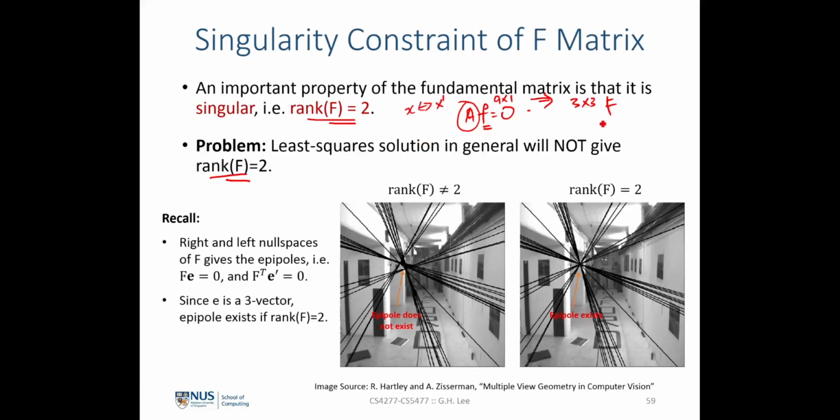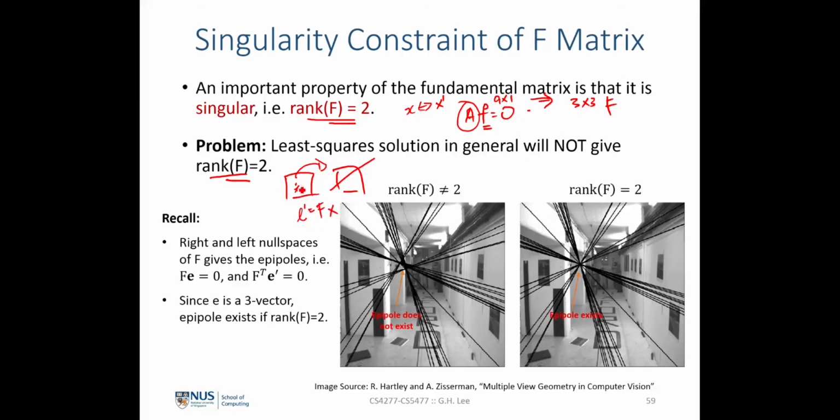So the fundamental matrix estimated algebraically from this linear equation is in general not going to fulfill the rank constraint. What happens here is that if the rank of the fundamental matrix is not equal to 2, we will see a problem. Since we have two views, we are making use of the fundamental matrix to transfer a point on the first image into an epipolar line in the second image, given by l prime equals F multiplied by x.